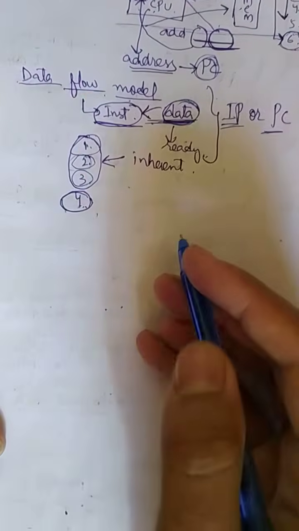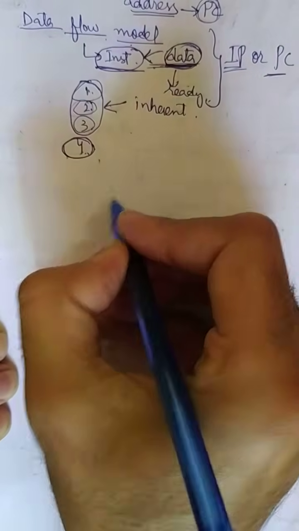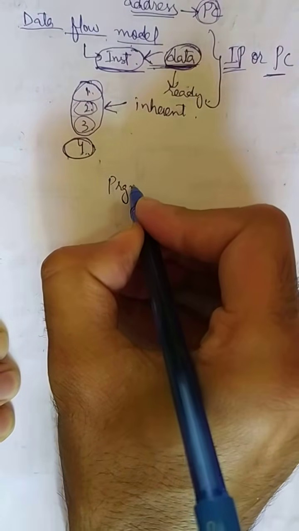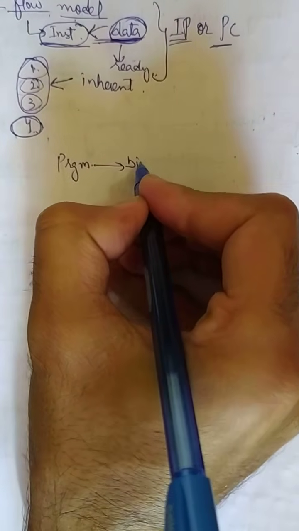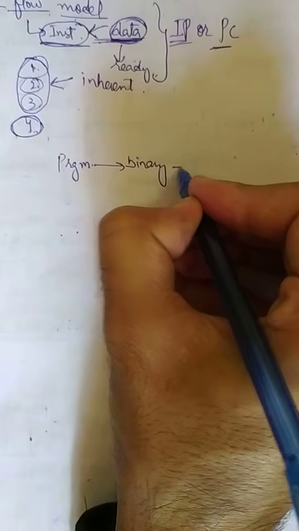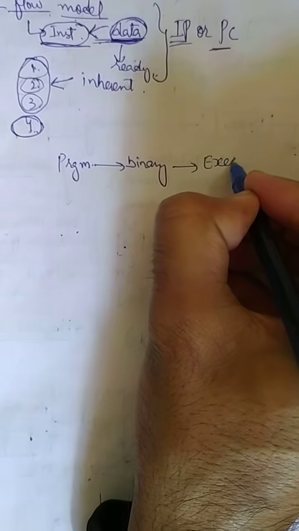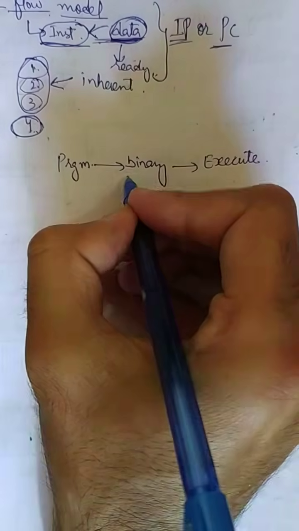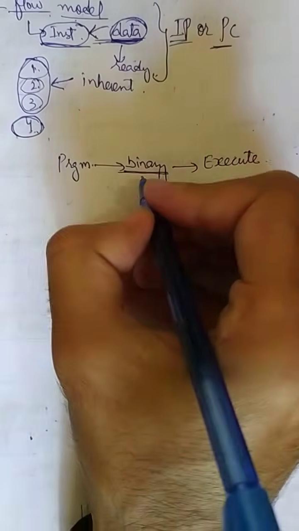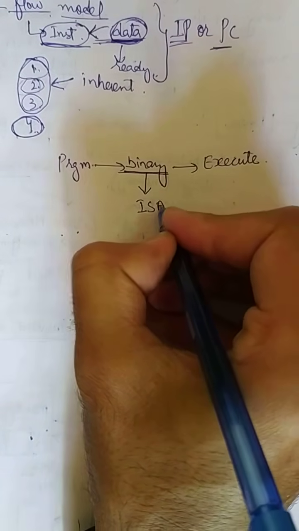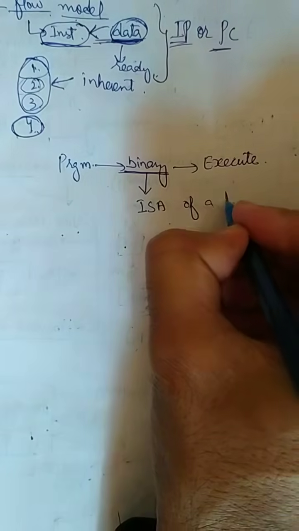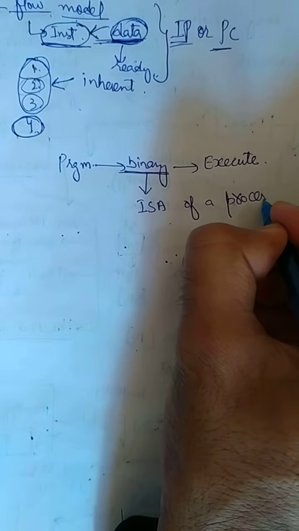So let me summarize what we read. So we have a program in higher level language. We convert this program into binary or machine instructions and then execute. These machine instructions are the instructions that belong to the ISA of a processor, instruction set architecture of a processor.